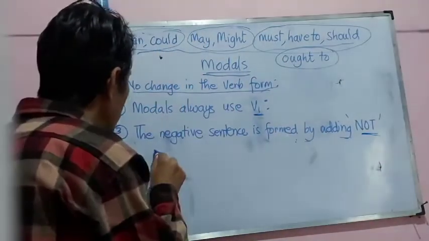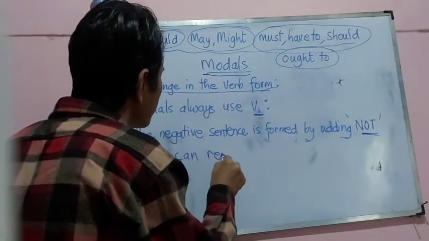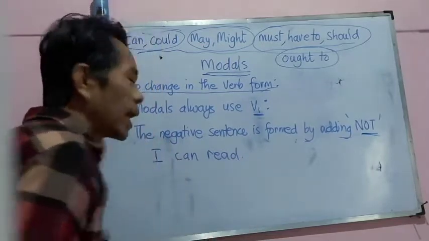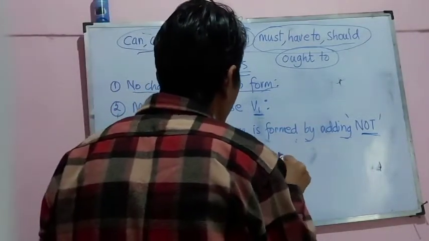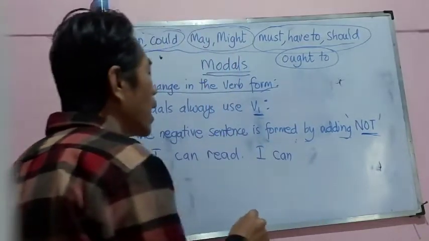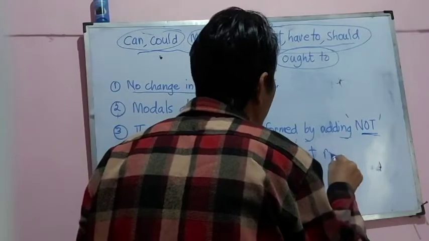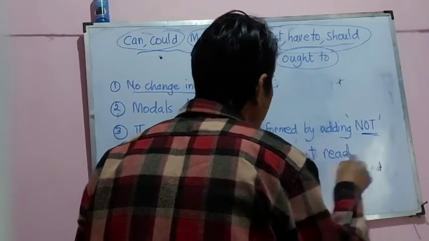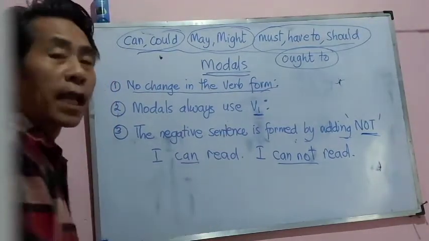So, I can read. Now, how do we change that into negative? I can, and then you have to add not. I cannot read. So this is how we change models positive into negative.